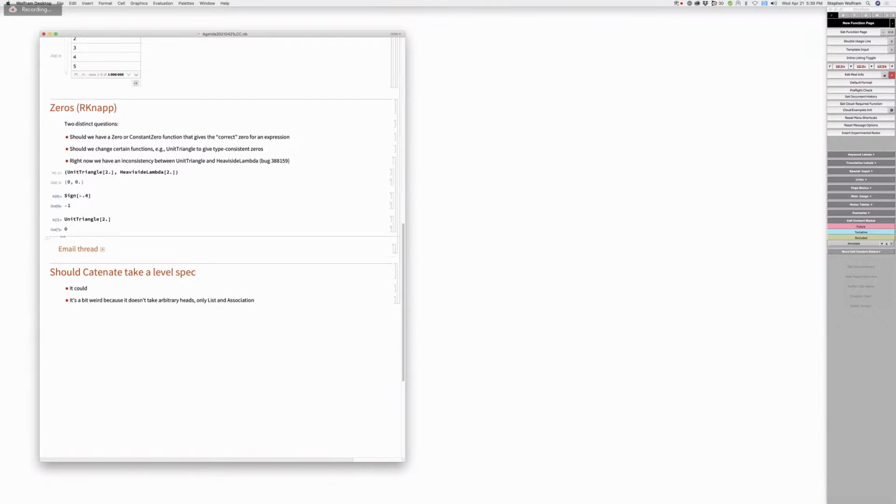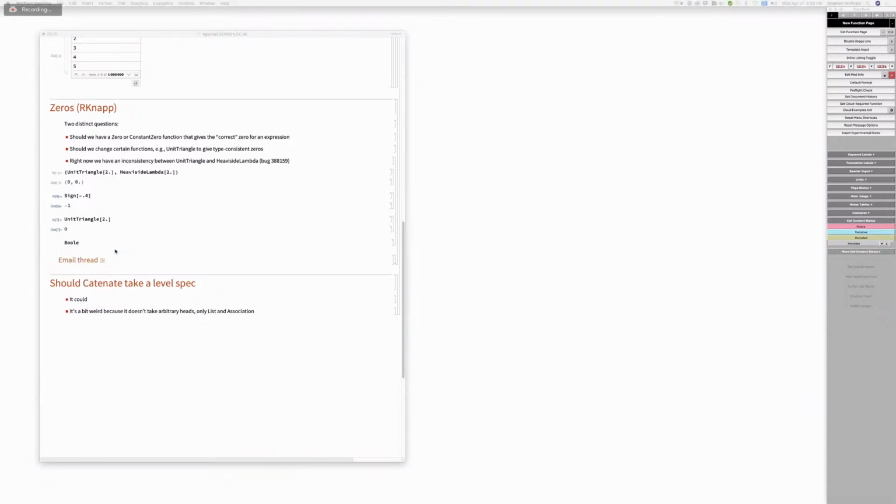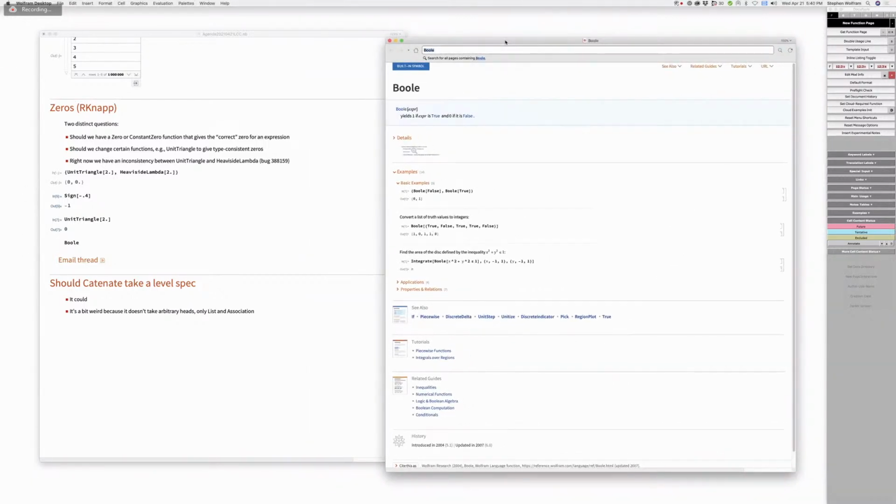I'm not sure we ever have inverse bool, but we have... yeah, I'm not sure we have that either. Right, we have unitized and we have bool. I don't know. Maybe we missed that. Maybe we don't have that, but you get what I'm saying, that there'll be a chain of things.